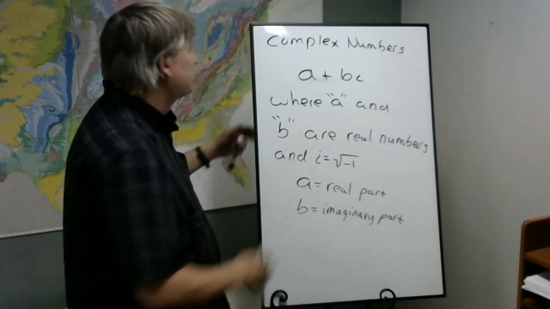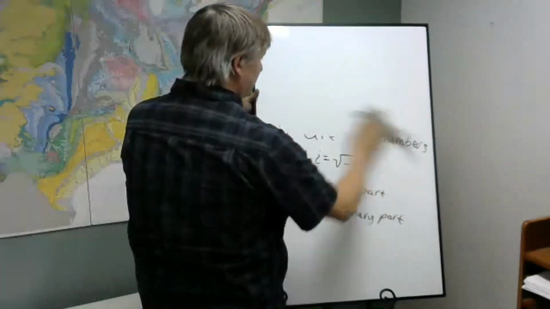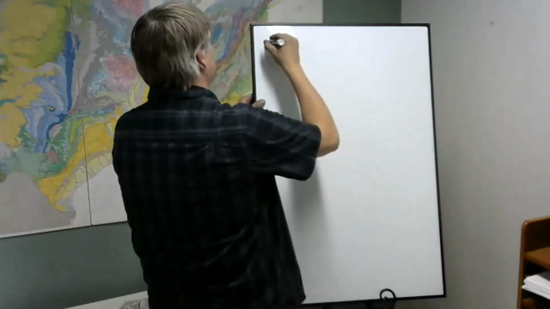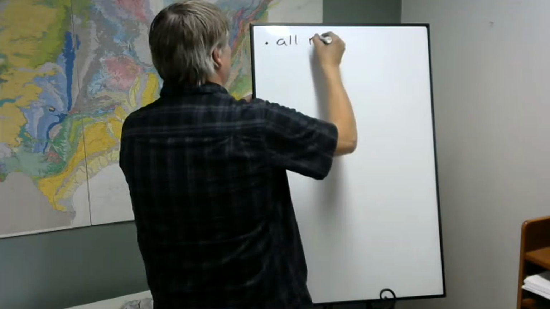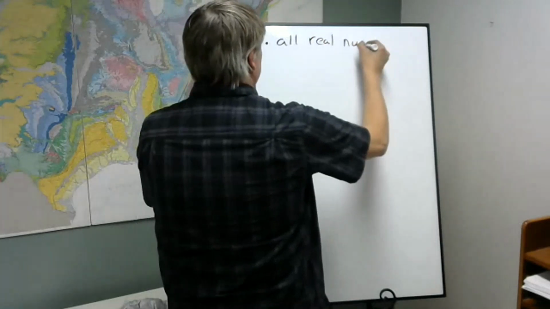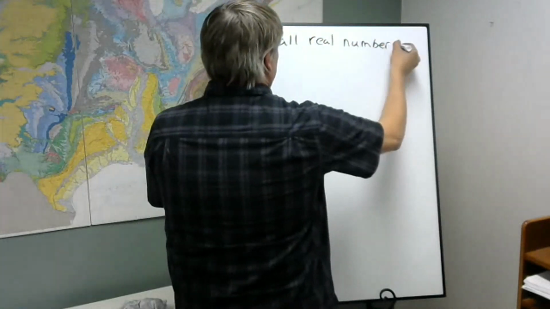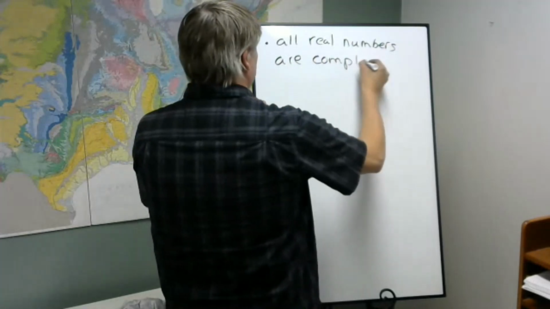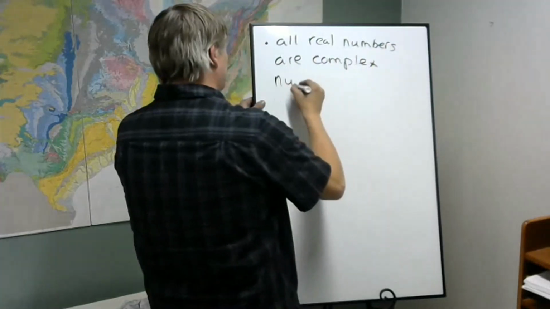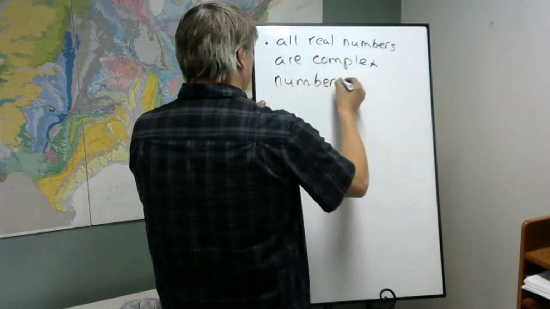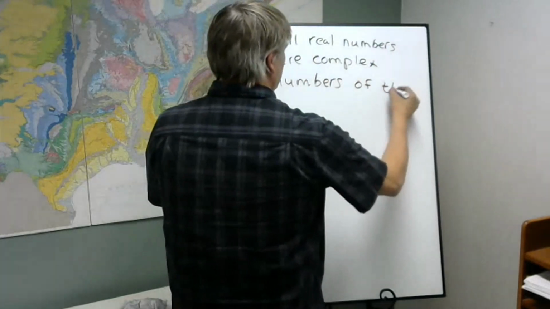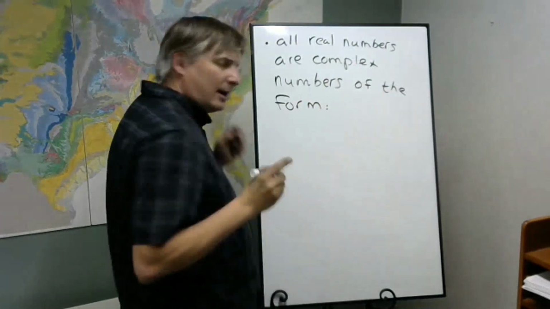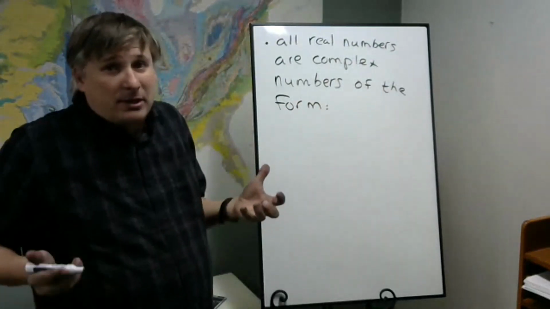All real numbers are complex numbers. So all the numbers we've been working with in mathematics up till now, they are complex numbers.